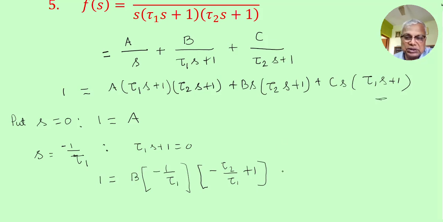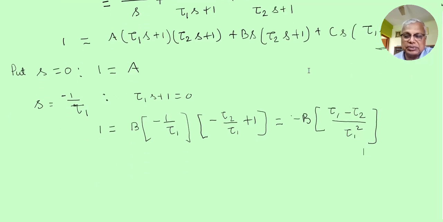So if you simplify this, it is equal to minus B into (tau 1 minus tau 2) by tau 1 square, which means B equal to minus tau 1 square by (tau 1 minus tau 2).